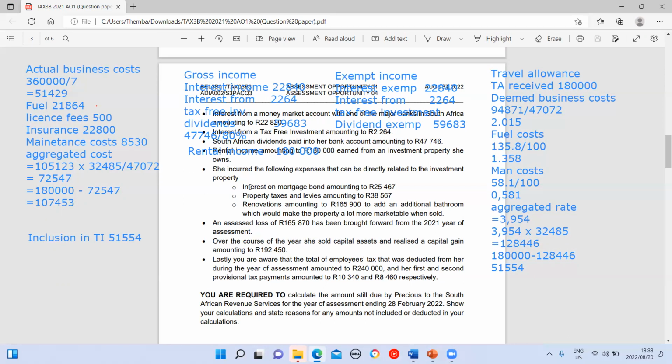So in terms of interest on a mortgage bond amounting to 25,467, this interest is incurred in the production of income. It is not improving or creating a capital structure, because for you to continue with the property, you must pay this interest. Without paying this interest, you can't continue to produce income.